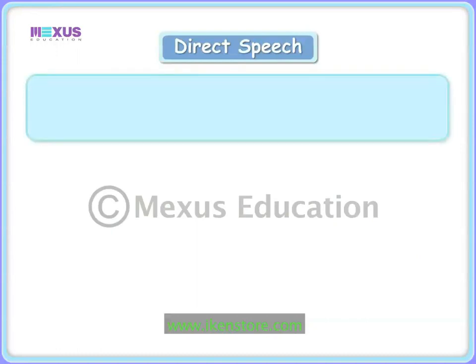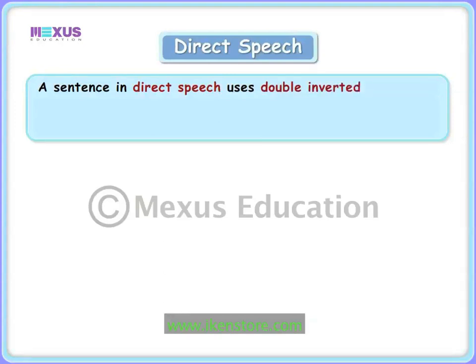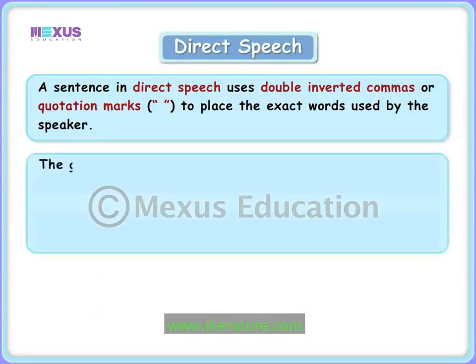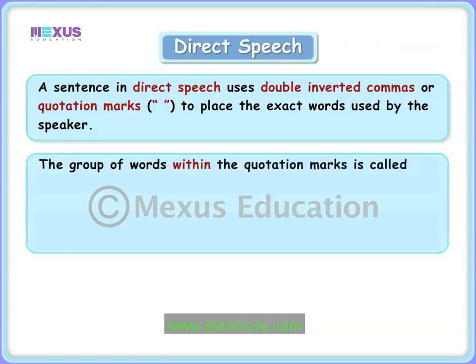From the example, we can see that a sentence in direct speech uses double inverted commas or quotation marks to place the exact words used by the speaker. In direct speech, the group of words within the quotation marks is called the quote.